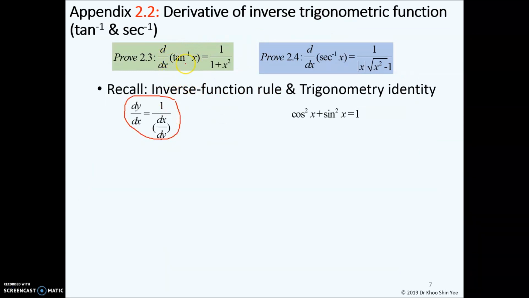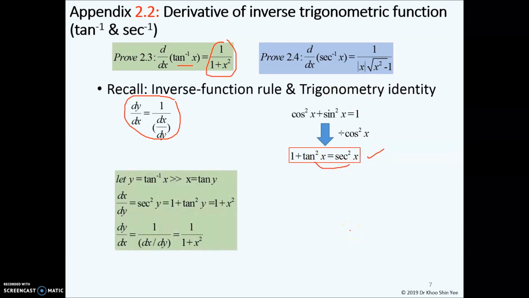Okay, if you want to differentiate, let's say, the inverse function for tangent, to get this answer, we have to use the trigonometric identity for tangent and secant here. So in this case, we let y equal to arctangent x, and x is equal to tangent y. Dx over dy will be secant square, we call it.